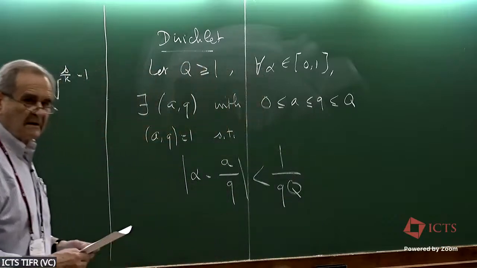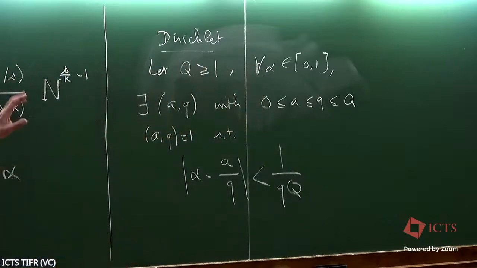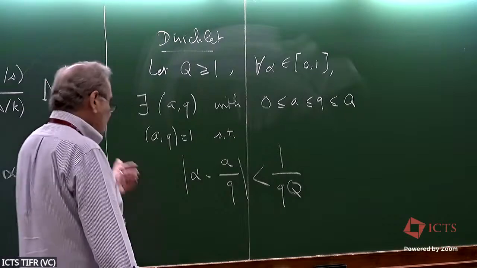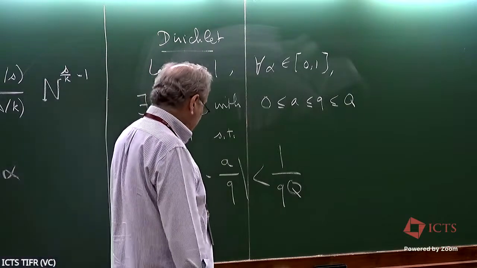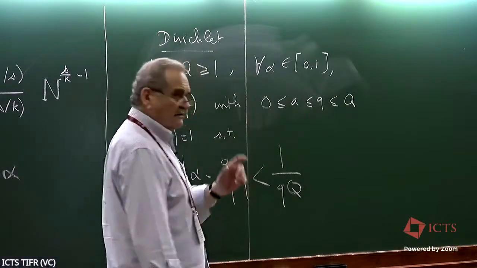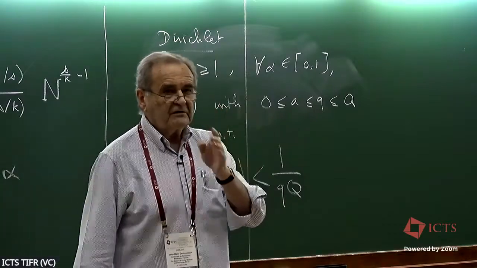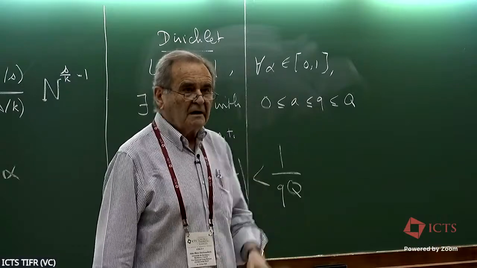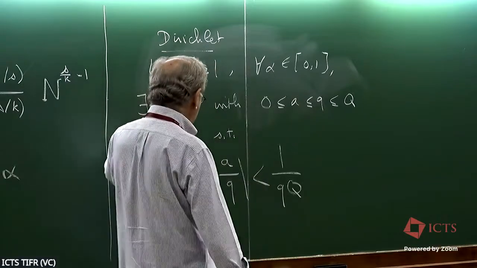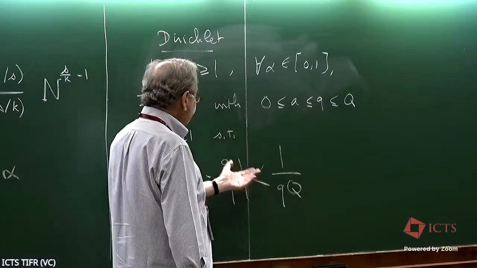Okay? So the proof is a nice proof. It is the pigeonhole principle. Essentially, you have to be a bit careful on the edges, but you divide the interval [0,1] into Q boxes of length 1 over Q, and the number of terms you have here will be more than the boxes.